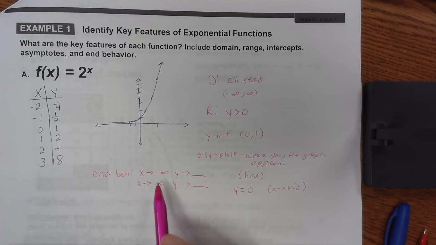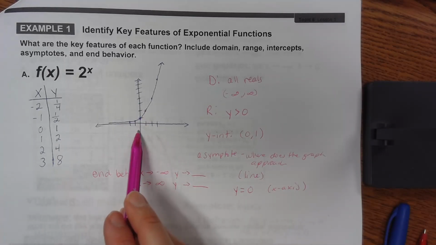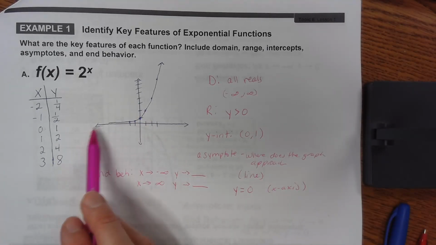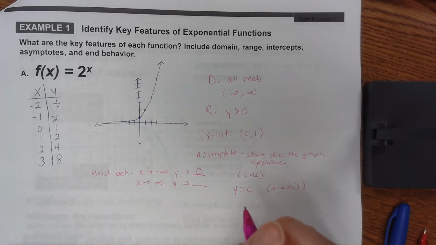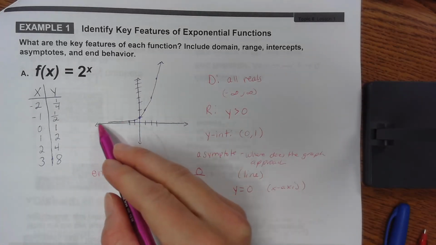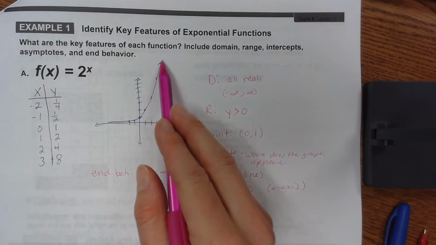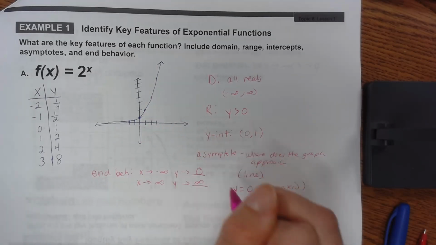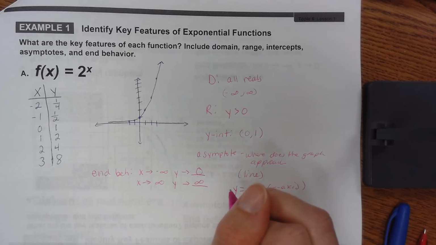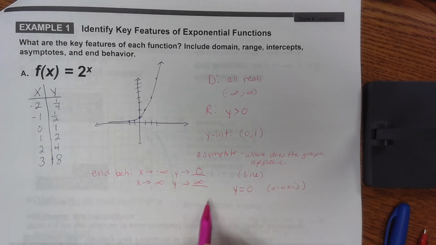Okay, so as x goes to negative infinity, so as we go to the left, where are we approaching? And that would be 0. As we go to the right, where is my graph going towards? Well, infinity. Okay, so those are the key features of our graph.